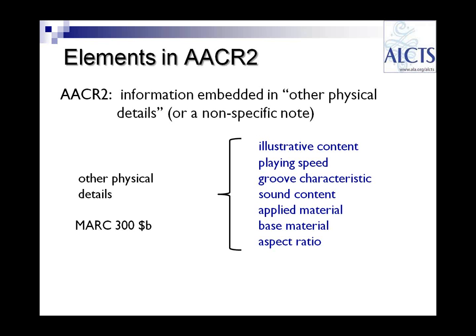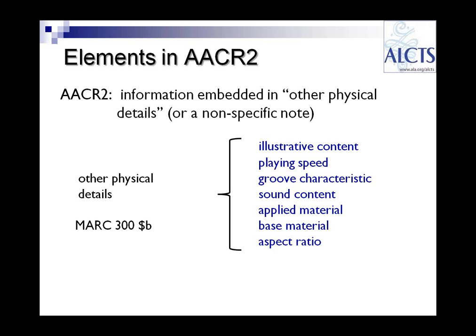In AACR2, if you think of other physical details, and you think of all the different kinds of information that you could record as part of other physical details, you could be recording illustrative content, playing speed, groove characteristics, sound content, applied material, base material, aspect ratio.